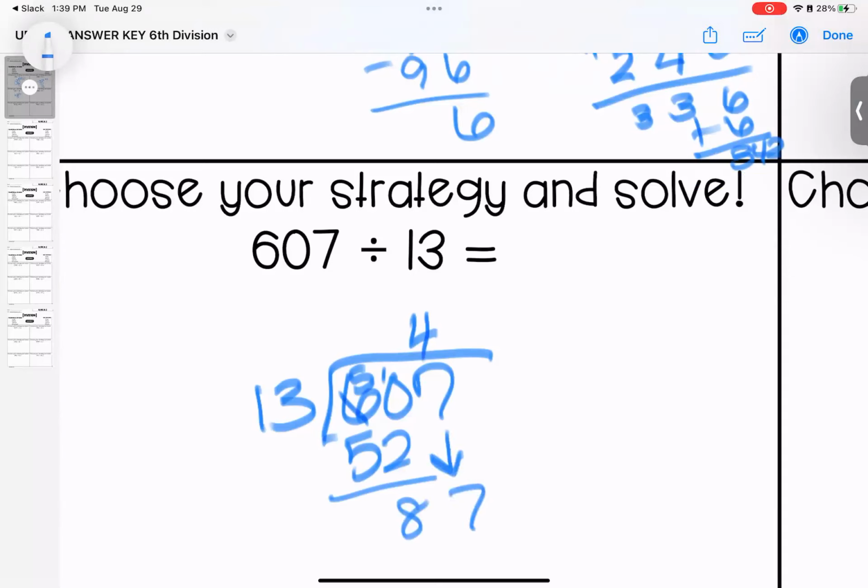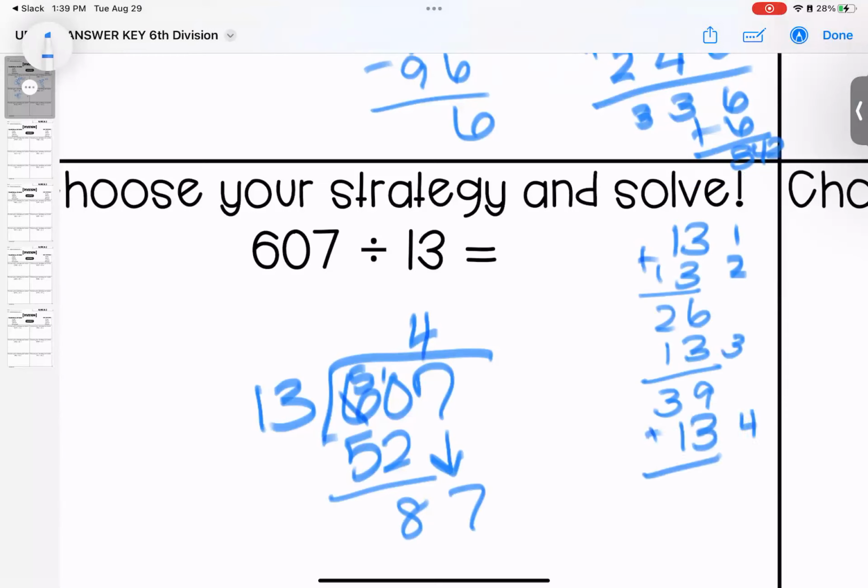Bring down my 7. Now, if you are looking at these and you're like, I don't know how many groups, go to the side and do your groups. I can do, okay, that's 26. If I add another 13, that's 39. I know that that's 1, 2, 3 groups, so 4. So far, I know if I add another one, that's my 4th group.